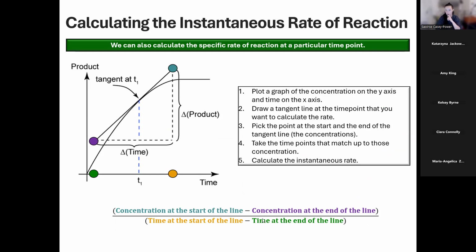So we're looking at this equation here. We've labeled our concentrations at the start and the end of the line, so we have those from the graph, and we also have the times. We just need to input all of the data that we just got into that equation, and we should be able to calculate the instantaneous rate from that. So I'm going to jump back over then to my Excel there.